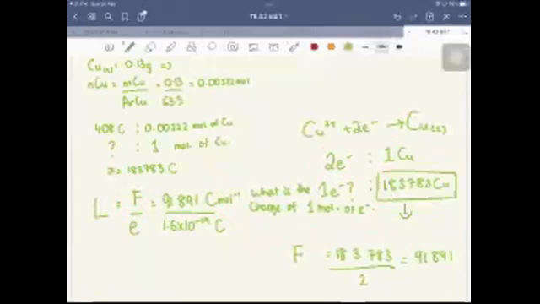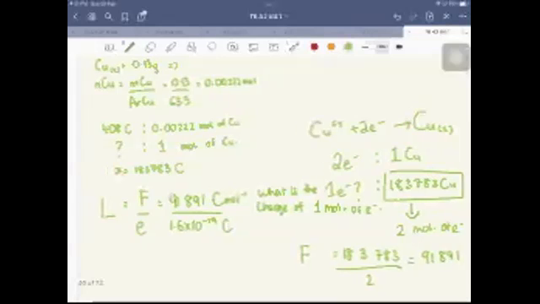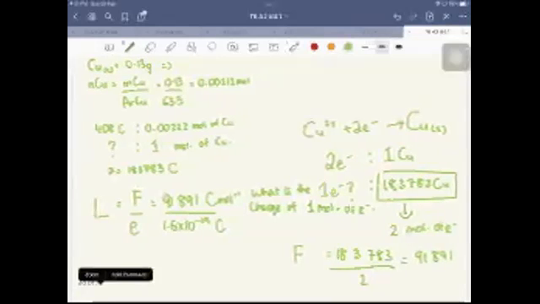I will change it to 2E, 2 moles of electron. So if we want to find the charge of 1 mole of electron, I have to divide it by 2. So that's why I found my Faraday's, which is the charge of 1 mole of electrons, to be 91,891 coulombs per mole.